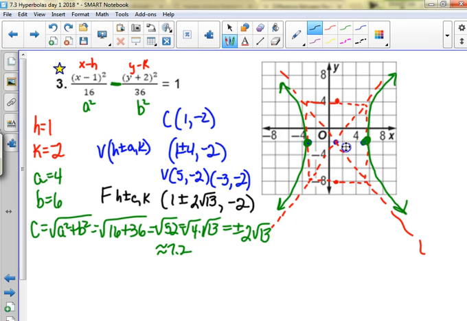So if this was 1 plus 7.2, 8.2, they'd be 1 at 8.2. And 1 minus 7.2 would be like at negative 6.2.